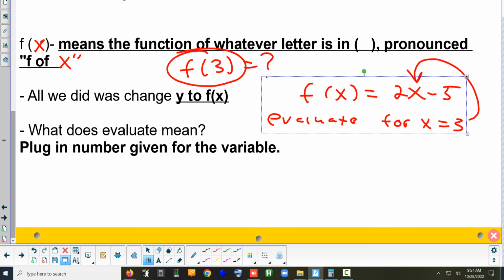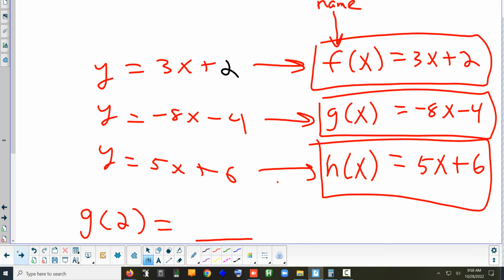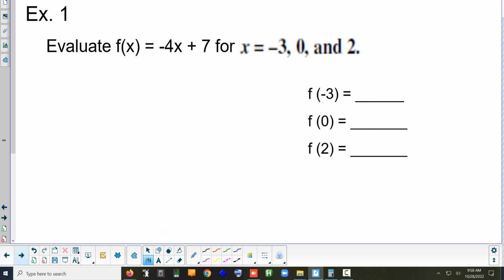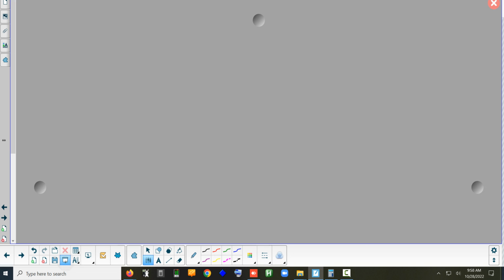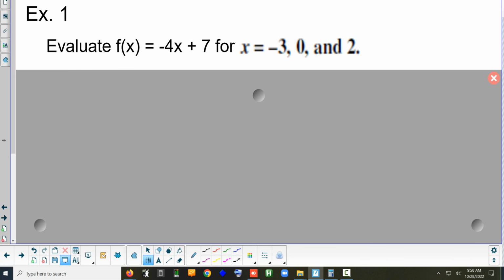So let's look at example 1. So it says evaluate, and they're only giving me one formula, just formula F. There's no G, there's no H, it's just one formula. And how many different numbers do they want me to plug in to evaluate here?